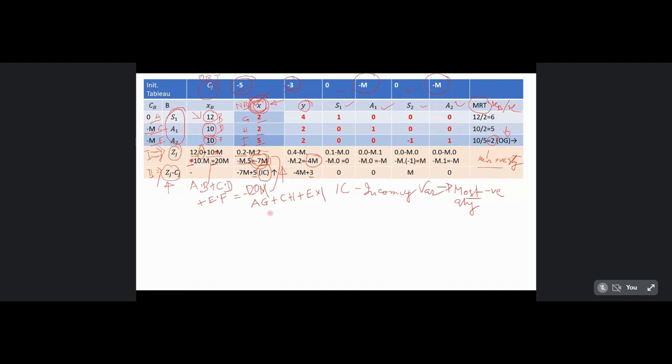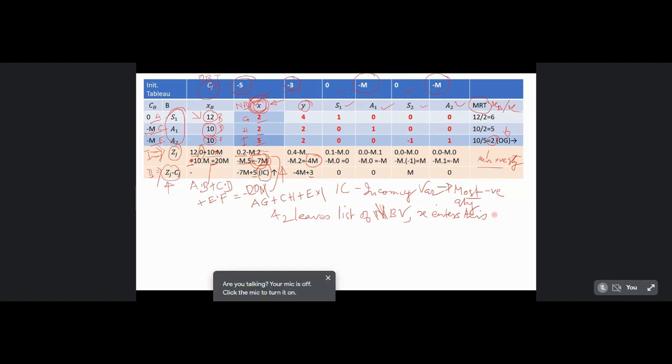So finally যা দাঁড়ালো সেটা হচ্ছে A2 leaves the list of basic variables, x enters this club.